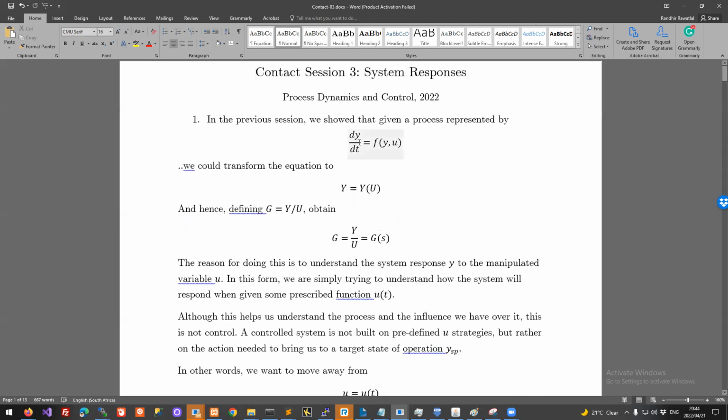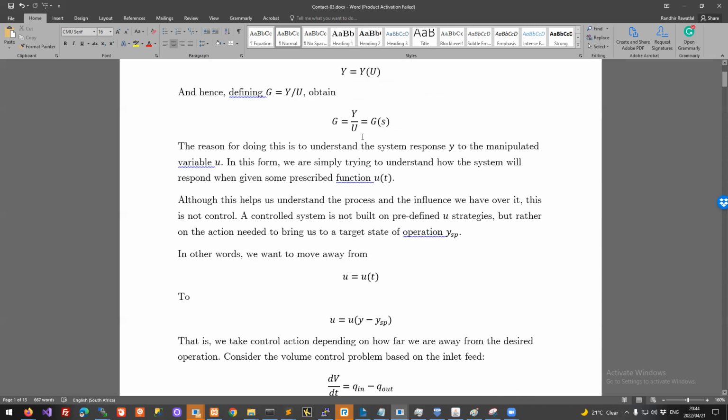So we want to require some value for y, like a y set point. And so we want our state to reach the set point value. And so instead of trying to prescribe some arbitrary time function here, we would rather propose that u is some function of the difference between the set point and our current value y.